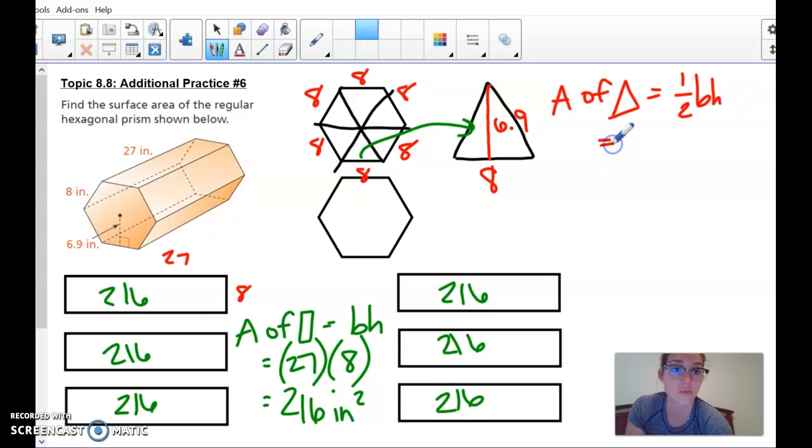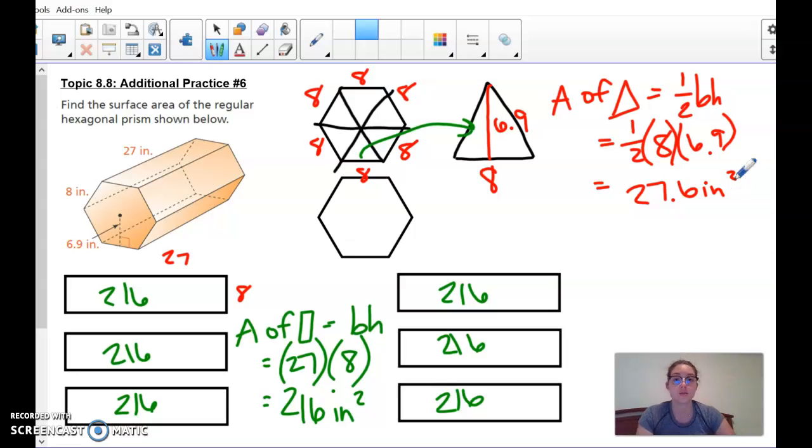So that means it's going to be equal to 1/2, the base is 8, and the height is 6.9. So if I multiply 1/2 times 8, I get 4, and 4 times 6.9 is going to be equal to 27.6 inches squared.